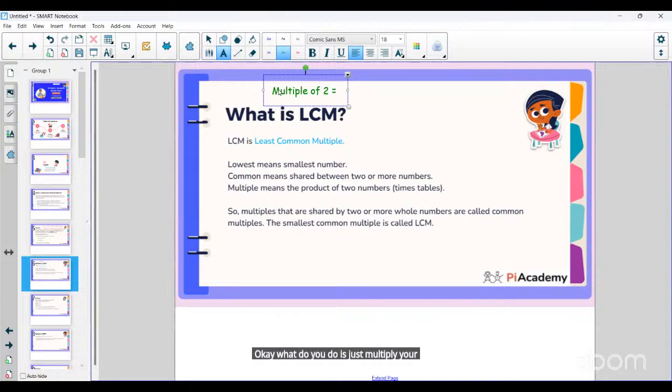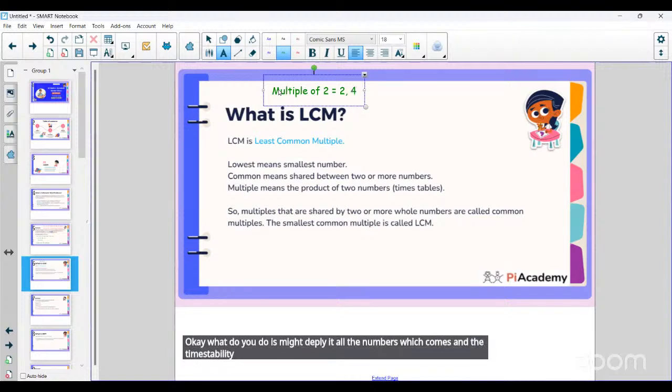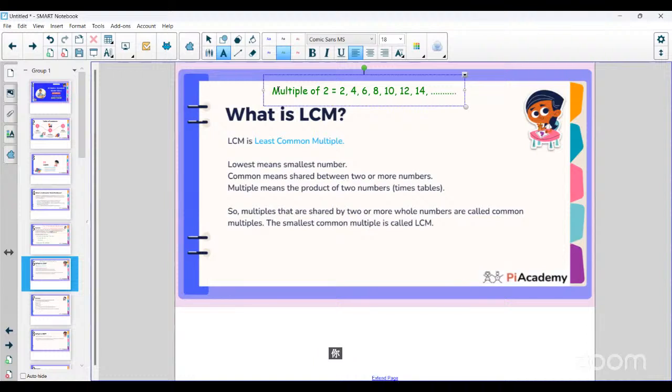All the numbers which come under the times table are the multiples, like 2, 4, 6, 8, 10, 12, 14, and so on. So any number that is coming under the times table of 2 is a multiple of 2. But what about factors?